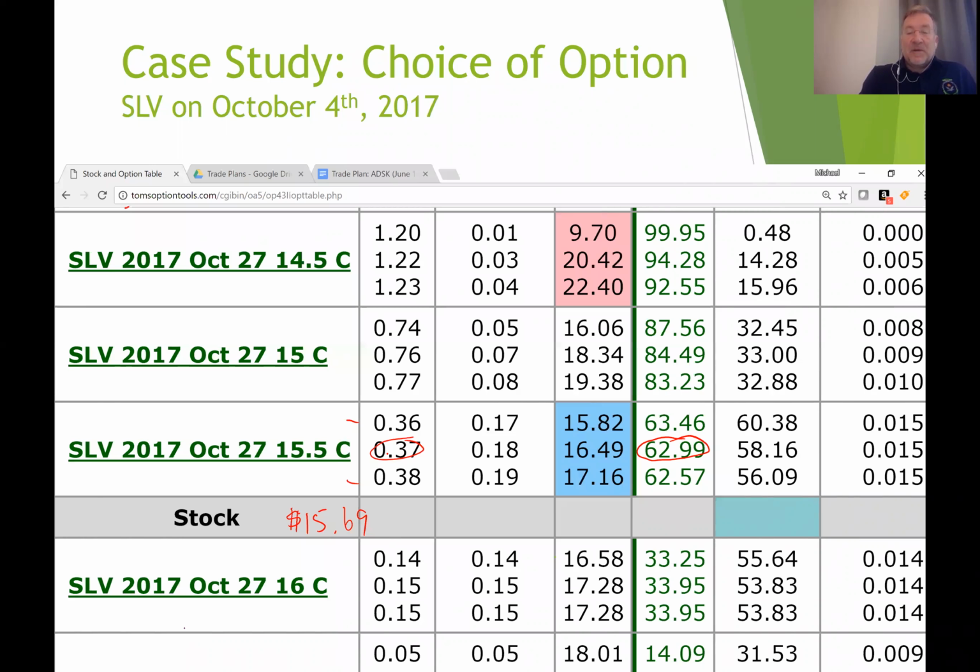My personal criteria is I want to trade a delta between 40 and 70. The 62.99 corresponds to that. The 33.95 does not, so it's out of the money, and the deeper in the money, the 15, is too much. This is why I choose that particular option. That's my personal choice.